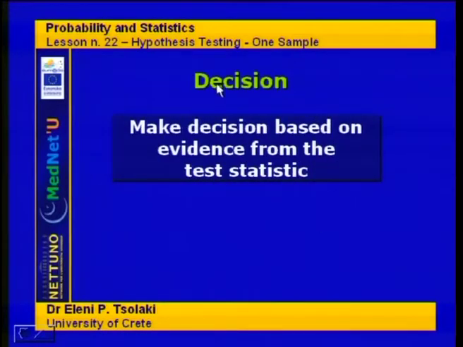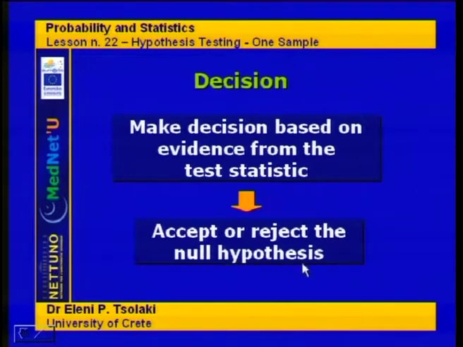Now, we finally have to make a decision based on evidence from the test statistic. So having calculated the test statistic, we can then make a decision if we should accept or reject the null hypothesis.